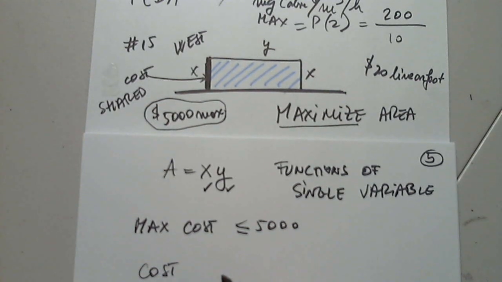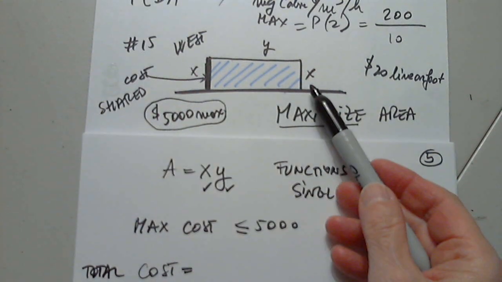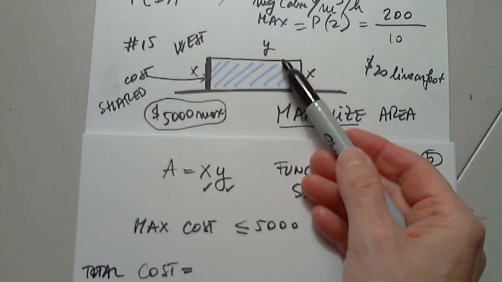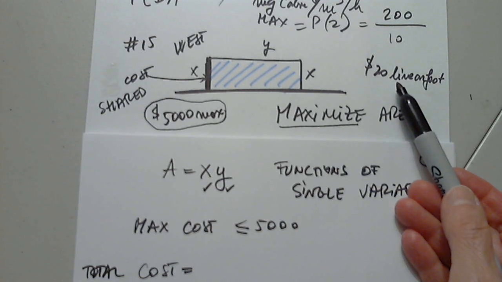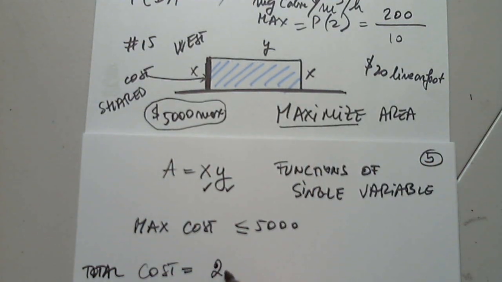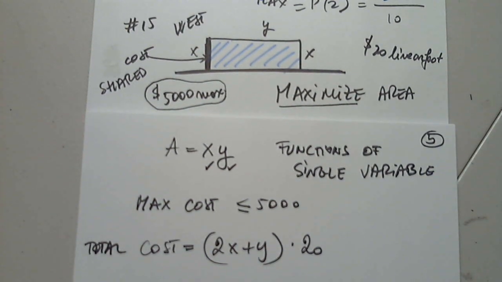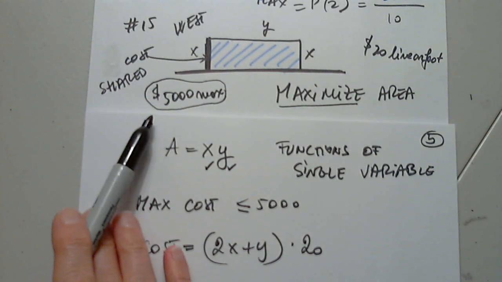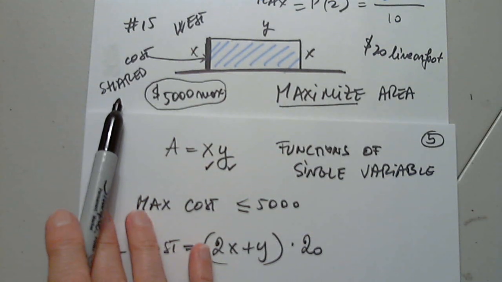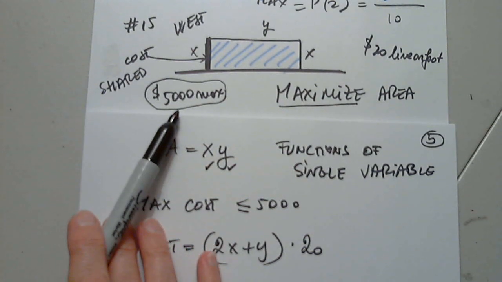Okay, so what is the total cost? So it's x plus y multiplied by 20. So 2x plus y multiplied by 20 per linear foot. Now, we know that from this total cost, the 5,000 is the maximum that the neighbor will pay.